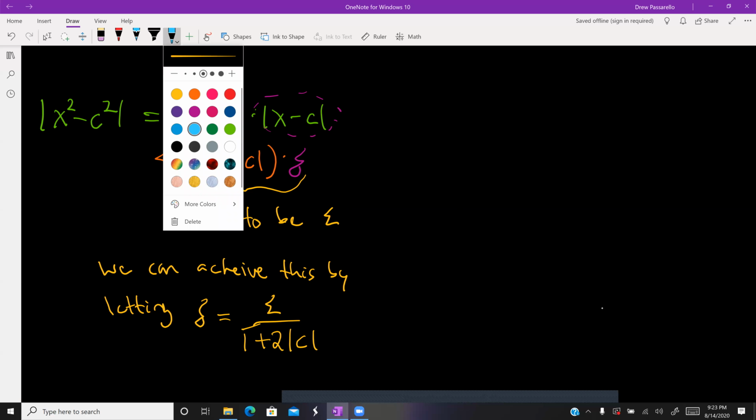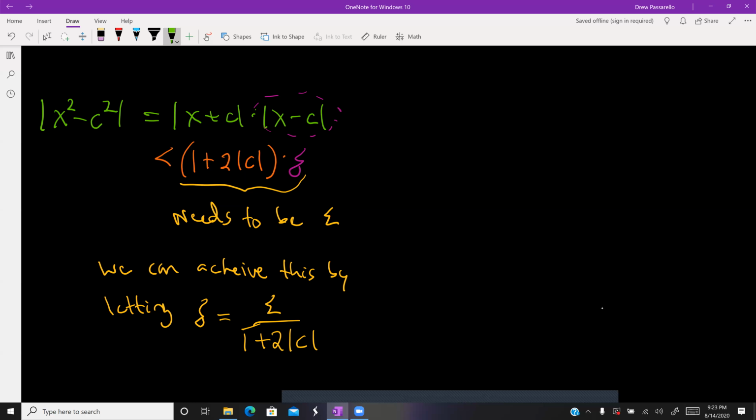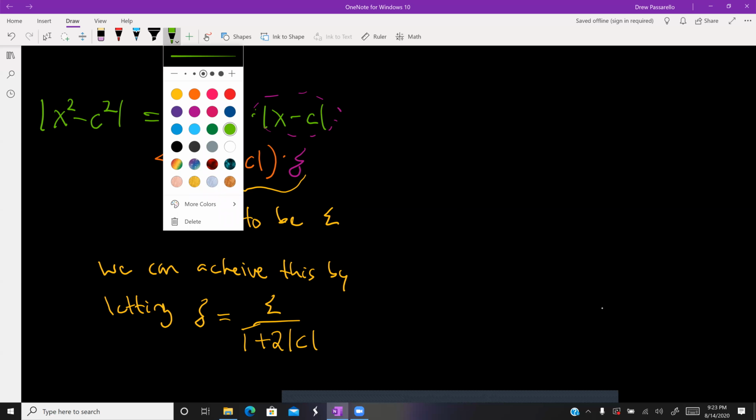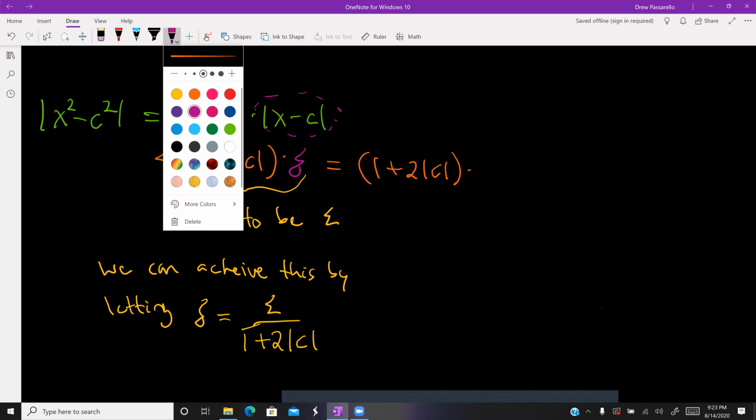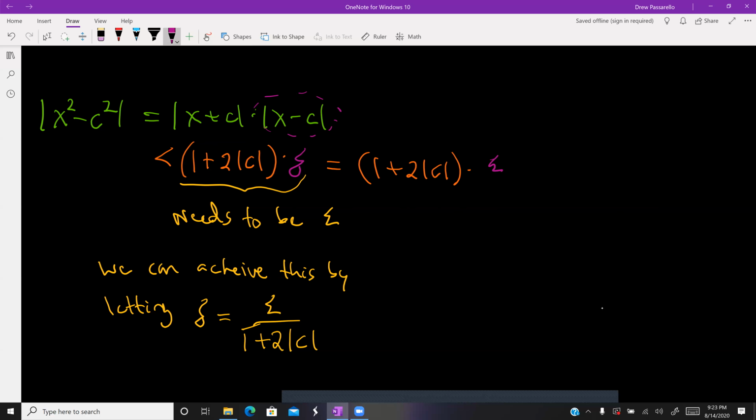All right, so then that will give us 1 plus 2 times the absolute value of c times, in this case, our delta being equal to epsilon over 1 plus 2 times the absolute value of c.